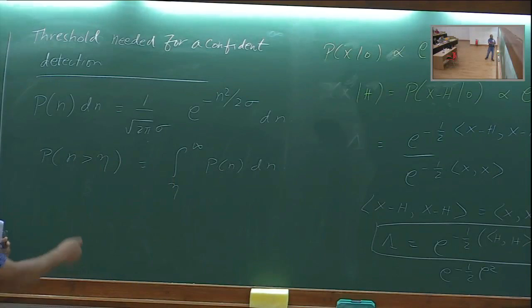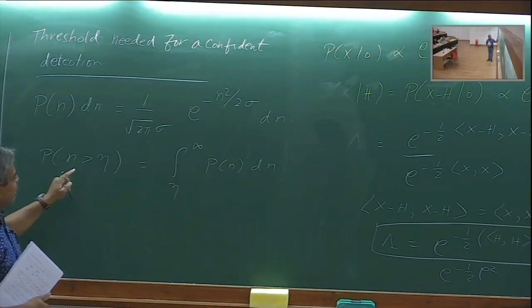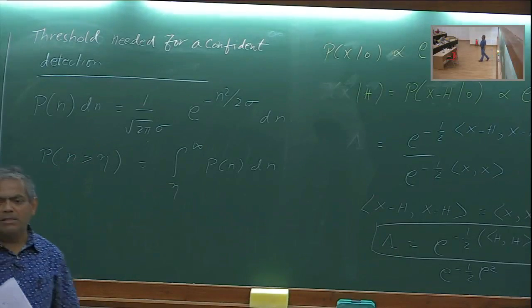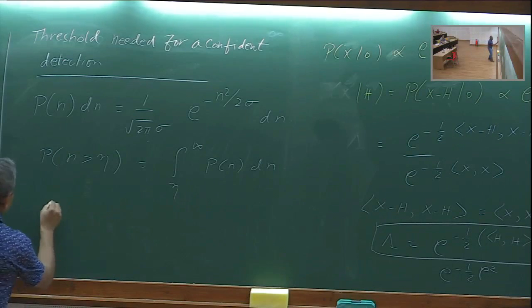Now, what should I choose this to be? This is the false alarm rate. It is the probability that noise alone is greater than some threshold eta that I have chosen. Well, that depends on the number of experiments that you do. When we filter the data through templates and look at the output, we are sampling the data at some rate Fs.